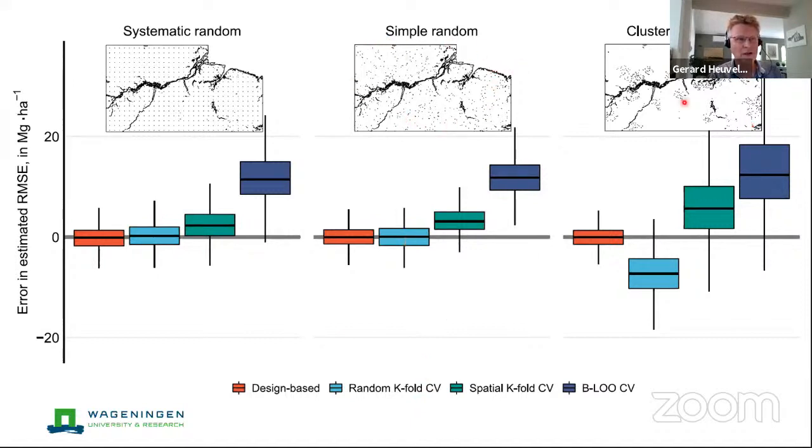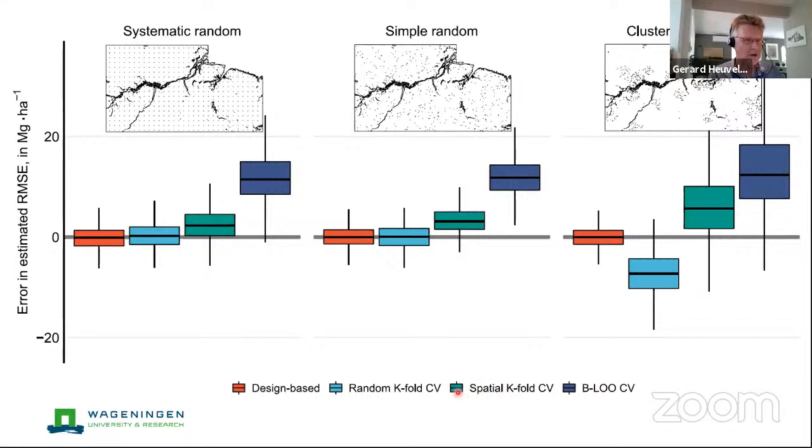But when you have a clustered sample, it's simply much too optimistic. So standard k-fold cross-validation is not doing a good job when you have a clustered data set.